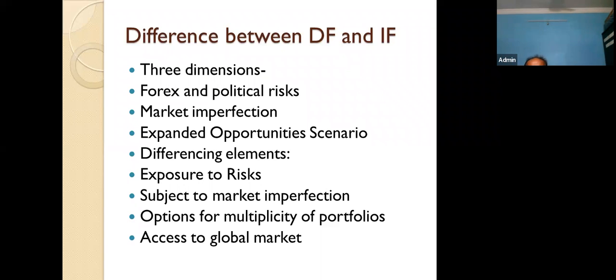We have access to the global market as well. Our market is also open for foreign competitors because of our great population. So most of the countries are keeping an eye on the Indian market. Everyone would like to enter the Indian market.